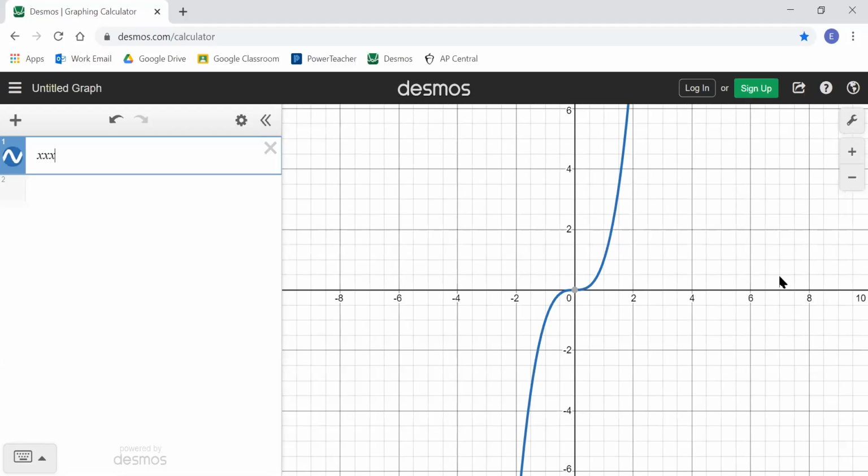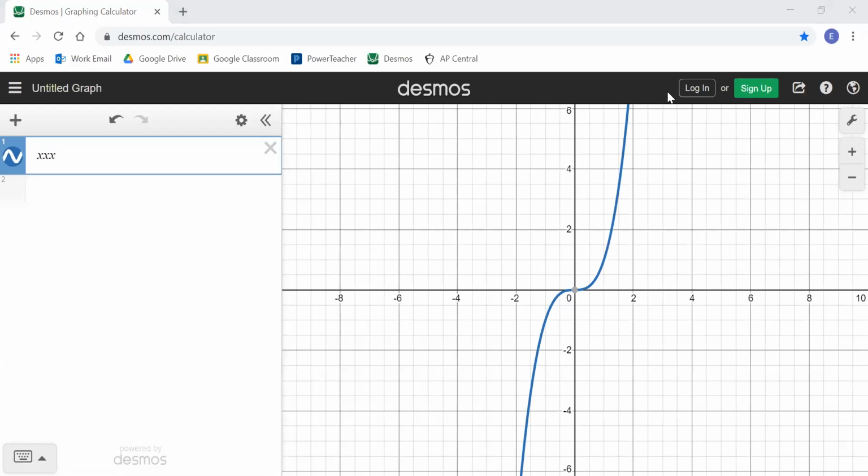None. There aren't any, right? There's no local max. There's no local min. There's no absolute max. There's no absolute min. It's going down to -infinity and up to infinity. And there are no little turning points in it. It does have this place where it flattens out, right, at the origin, but it doesn't go up and back down. It doesn't hit a local max. It just sort of flattens out there.